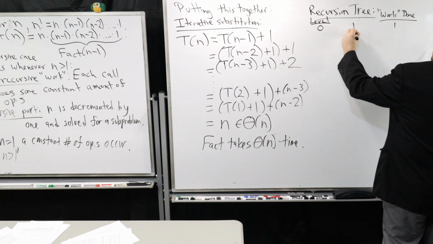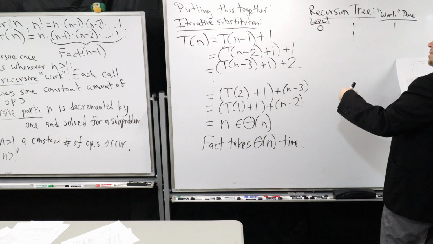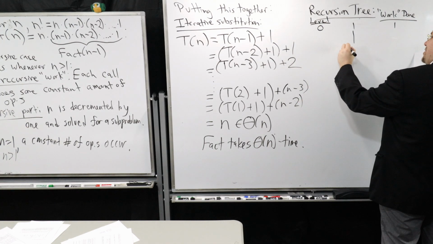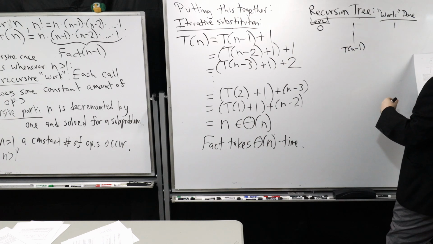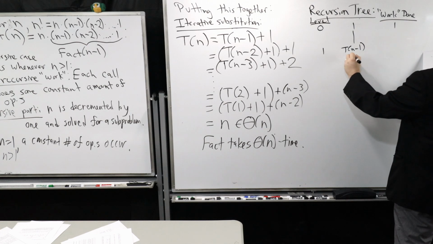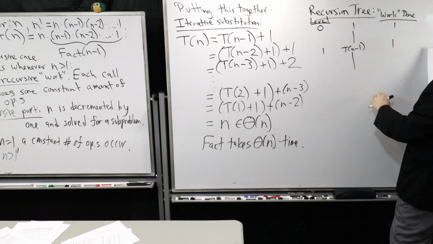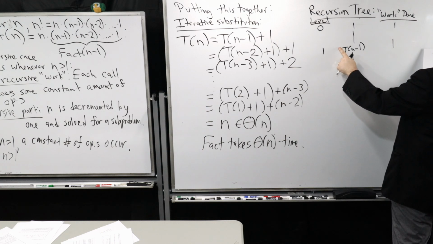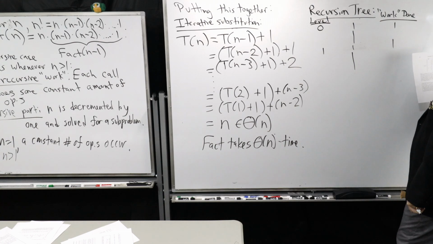Next, what happens when I call t of n minus 1? Well, it calls t of n minus 2, which is one recursive call. So we know it's going to be another one right here. It does 1 for the non-recursive work, which I'm going to reflect in the tree as just a 1.